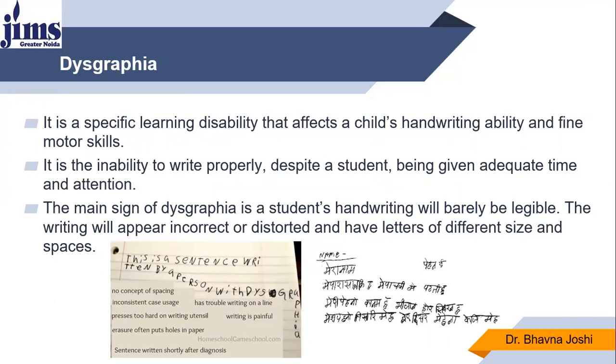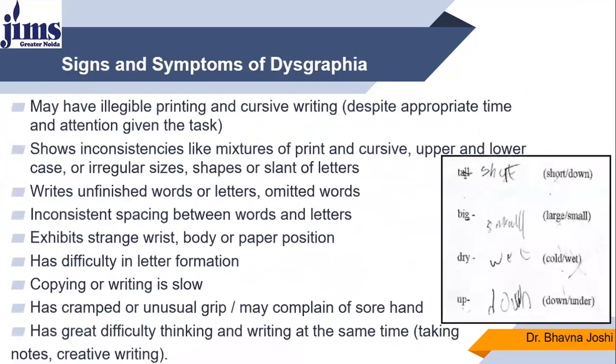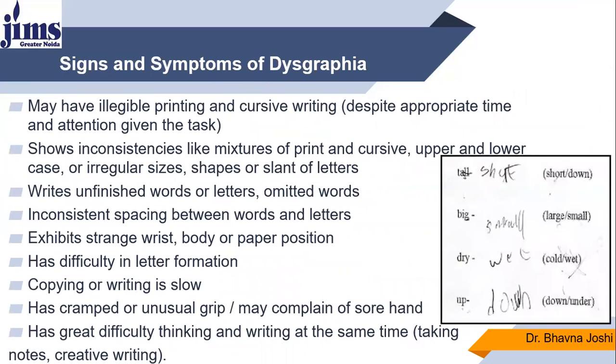So the main sign of dysgraphia is the child's handwriting, which is barely legible, and the writing will appear incorrect, distorted, and have letters of different sizes and shapes and spaces, as you can see on the screen. Now, there are various signs and symptoms like illegible printing and cursive writing.